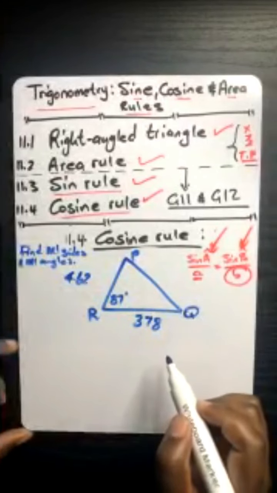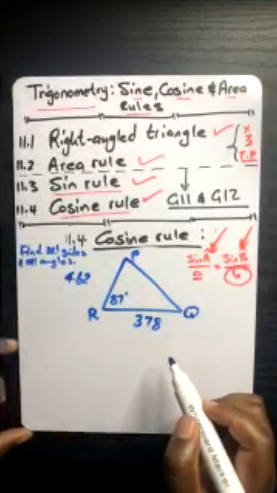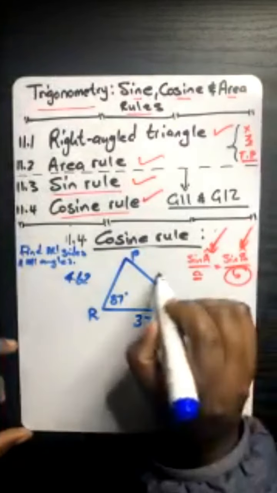Okay, so now I'm starting with side PQ, which is the small letter r.